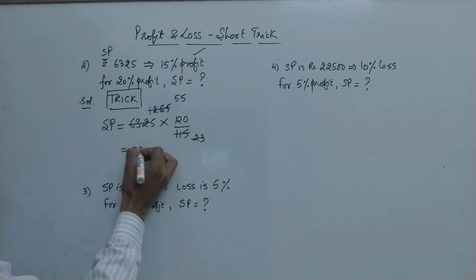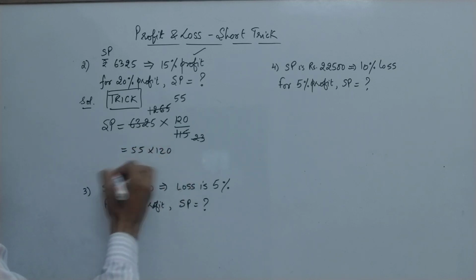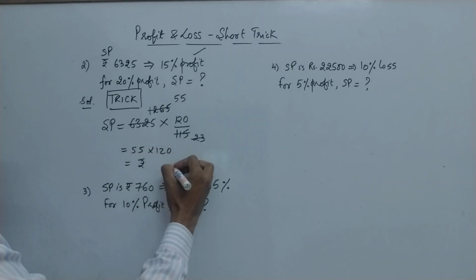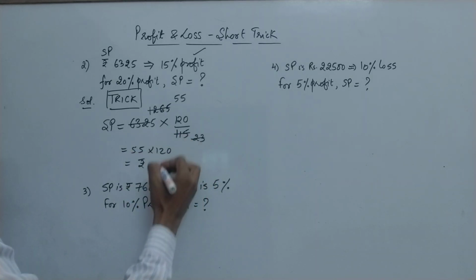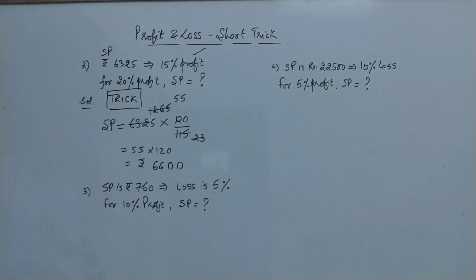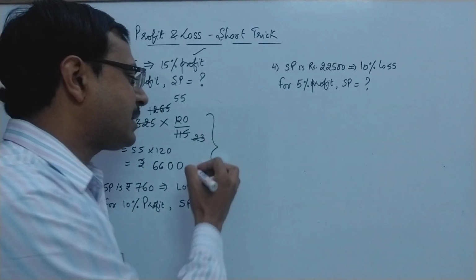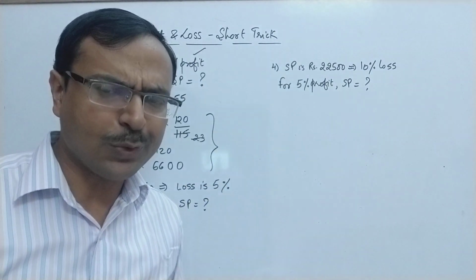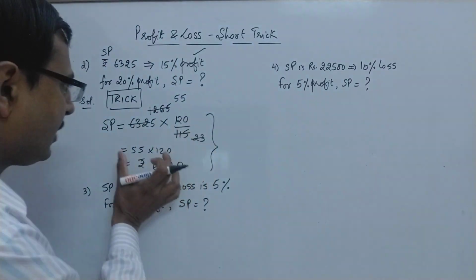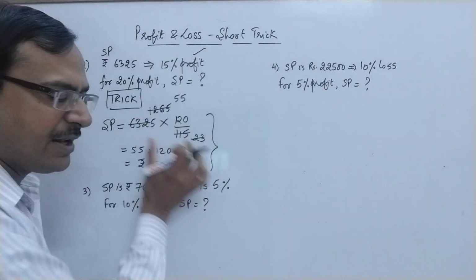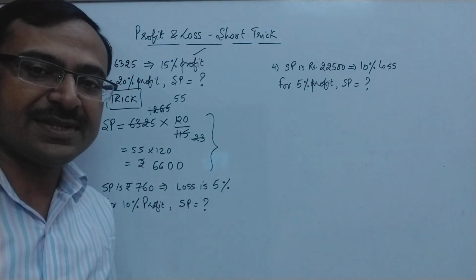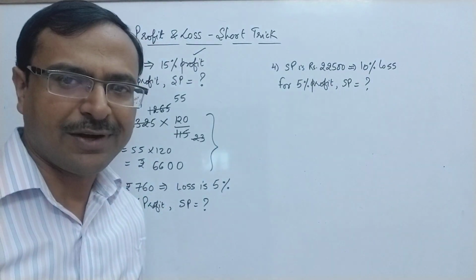So 55 into 120 will give you rupees 6600 as the answer of this question. So friends, just a simple step, a simple calculation, and you get to the answer. I have taken around 12 to 13 seconds to solve this because it involved cancelling by 115, but if you get fewer complex terms, you will be able to solve this in 5 to 6 seconds.